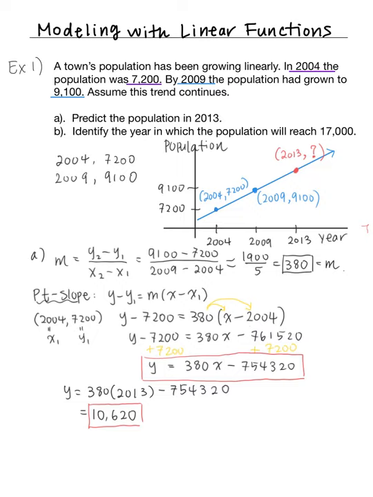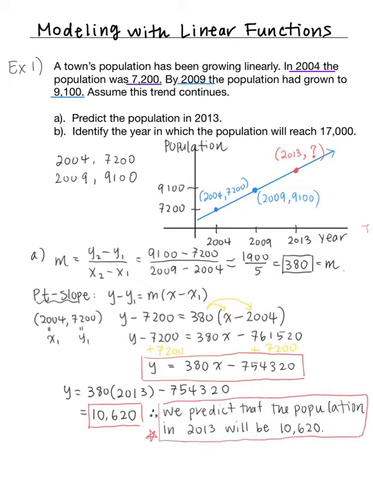What we just concluded is that at the year 2013, our corresponding y value is 10,620, which is the same thing as saying that at the year 2013, we predict that our population is going to be 10,620. So what I wrote was we predict that the population in 2013 will be 10,620. And that's our answer for part A.